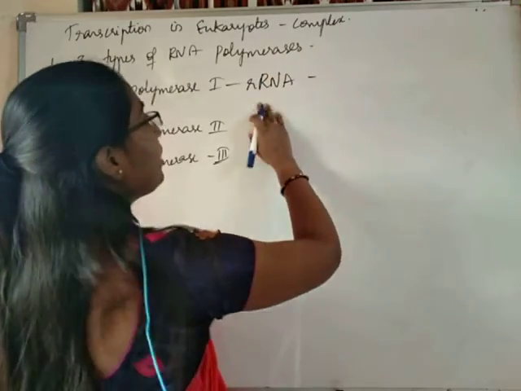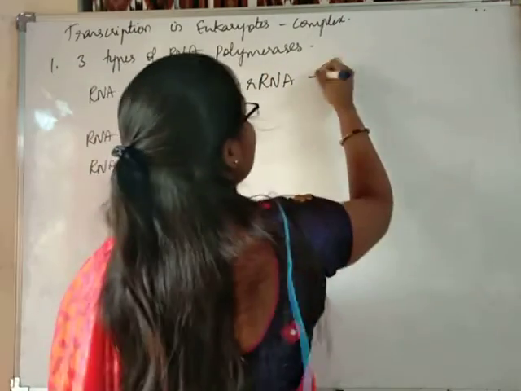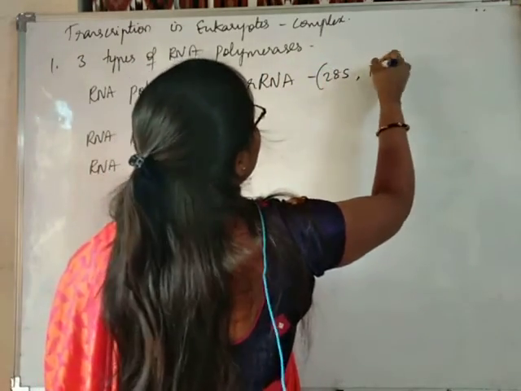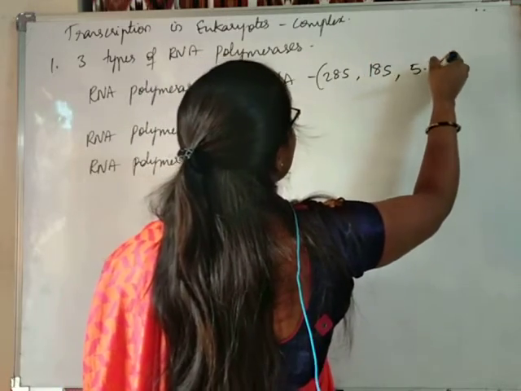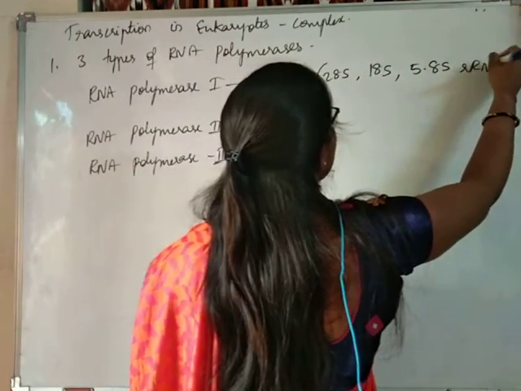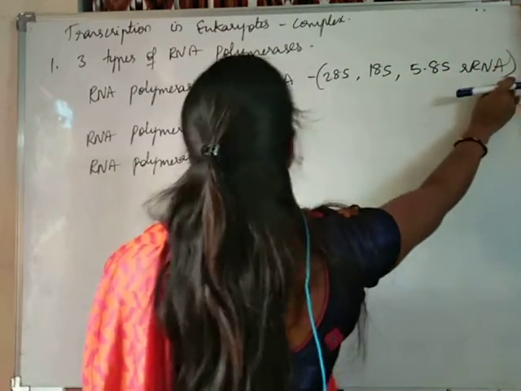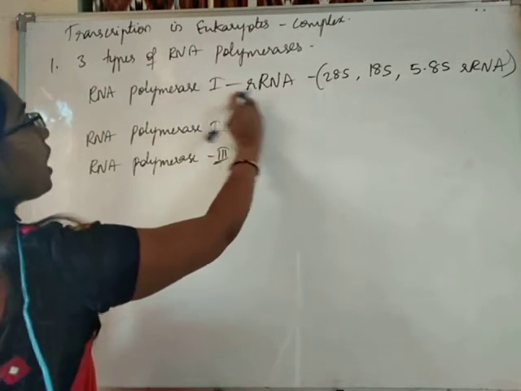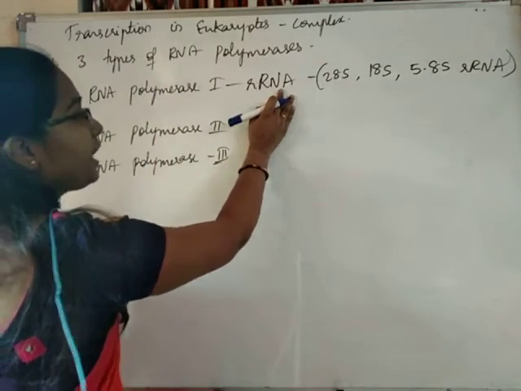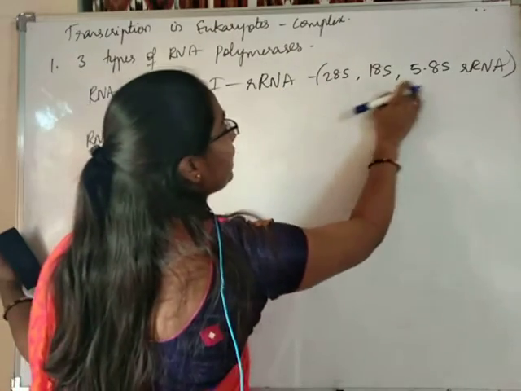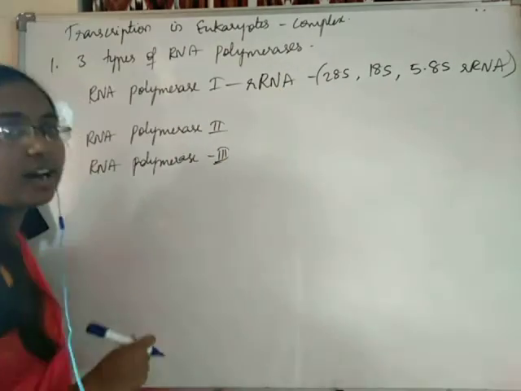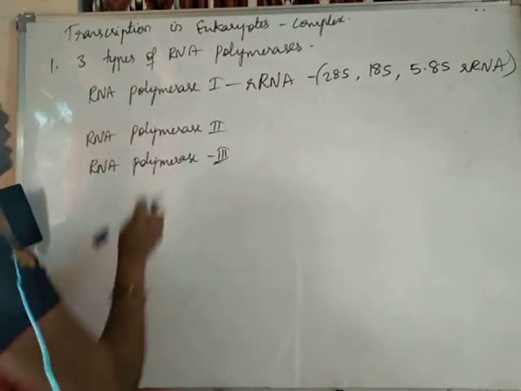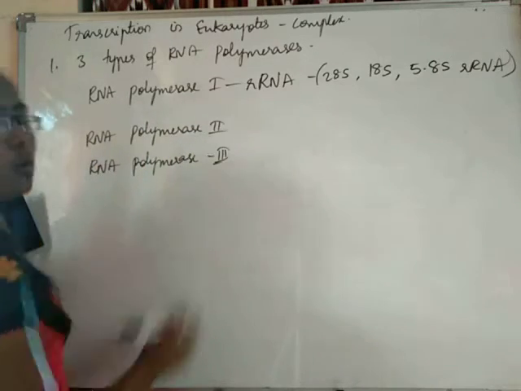This rRNA is of different types: 28S, 18S, and 5.8S rRNA. All these 3 types of rRNA are transcribed utilizing RNA polymerase 1.